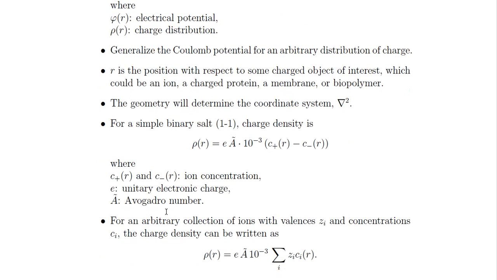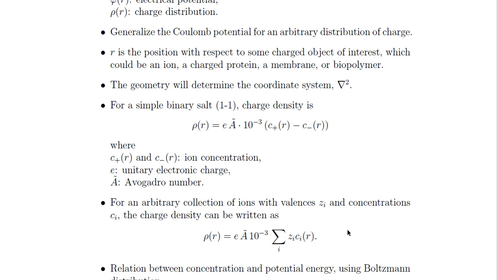For an arbitrary collection of ions with valence Zi, so let's say Na plus is Z1 which is plus, and concentration Ci, the charge density rho of r can be written as the sum over i of Zi Ci of r. For example, if there are 100 Na plus, we sum all the concentrations and the charge of those ions at this point r.